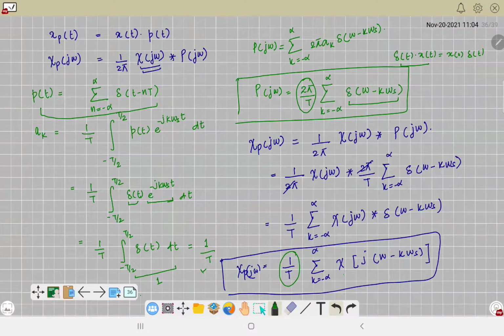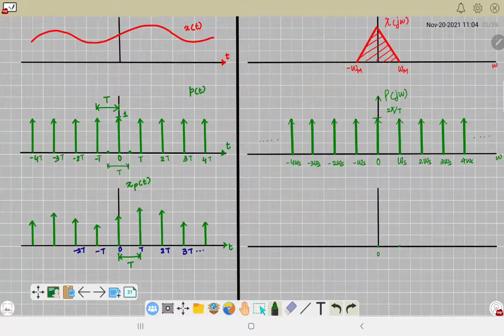Then it will be replicating your X of j omega, its waveform, its frequency behavior, equally spaced by omega s. So effectively it will be something like this.